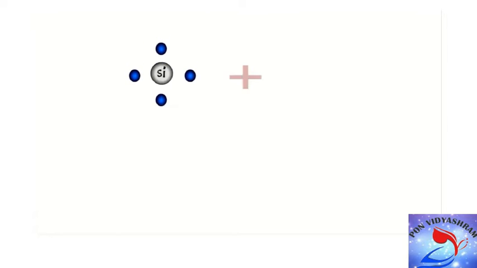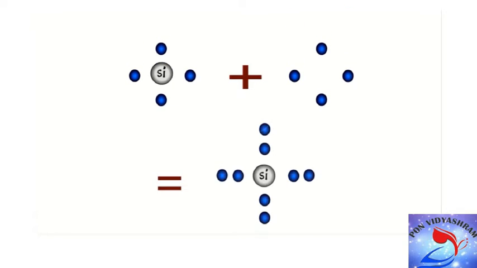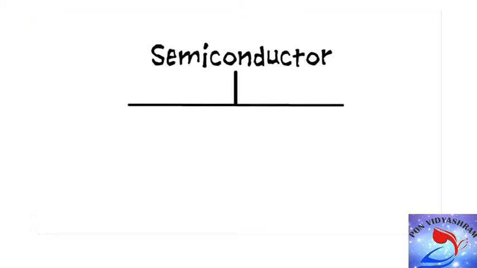So now let's see in detail about the intrinsic semiconductors. Here we have 2 silicon atoms. When they combine with each other, they form a covalent bond. So let's see in detail what happens to the current flowing in an intrinsic semiconductor.